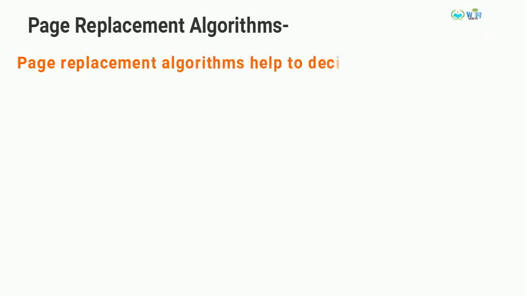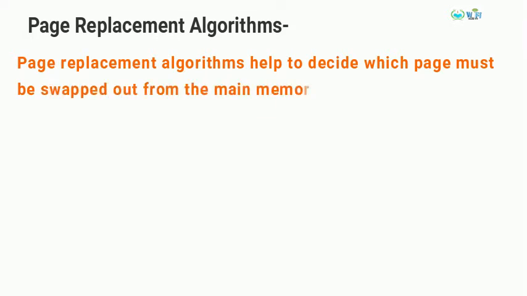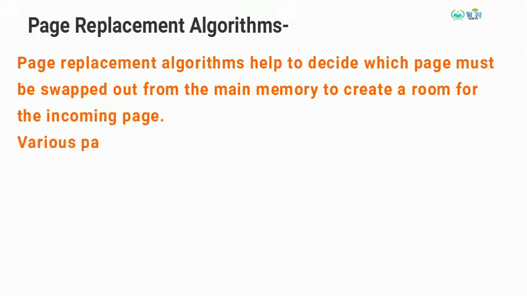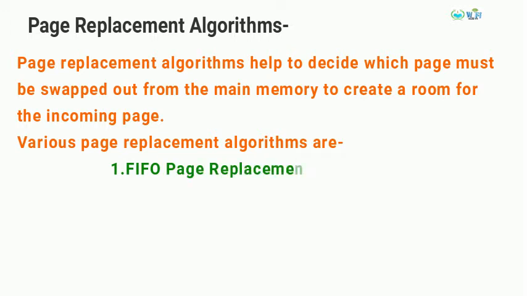There are various types of page replacement algorithms. A page replacement algorithm helps to decide which page must be swapped out from the main memory to create room for the incoming page. There are 5 page replacement algorithms here. One is FIFO, first in first out page replacement algorithm.